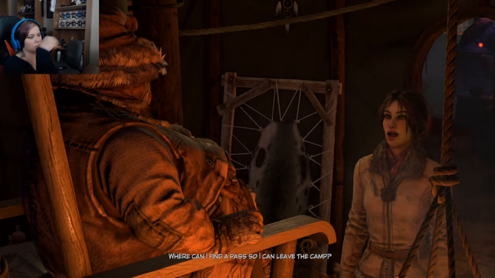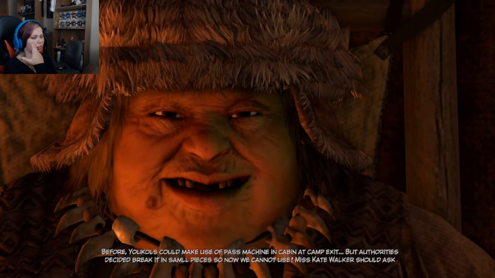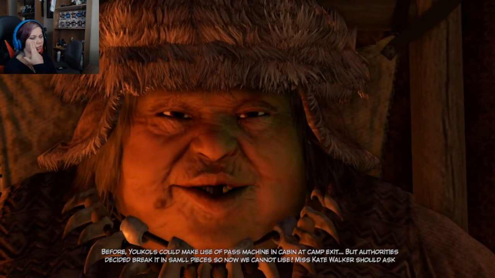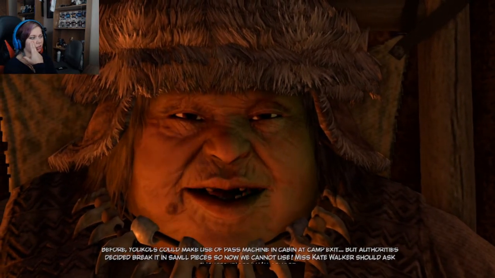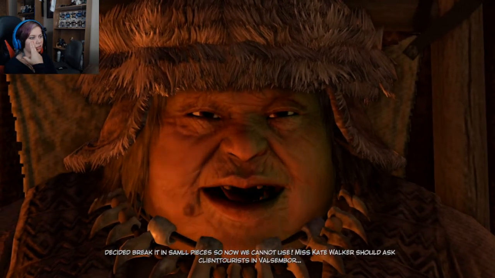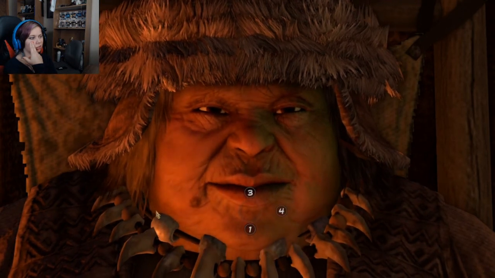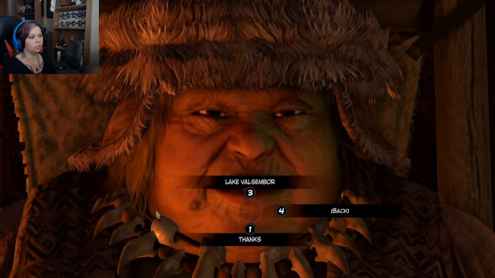Where can I find a pass so I can leave the camp? Before, Yukos could make use of pass machine and cabin at camp exit. But authorities decide break it in small pieces, so now we cannot use. Miss Kate Walker should ask client tourists in Valsambor. Okay.